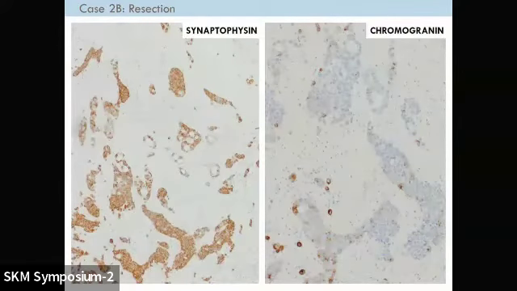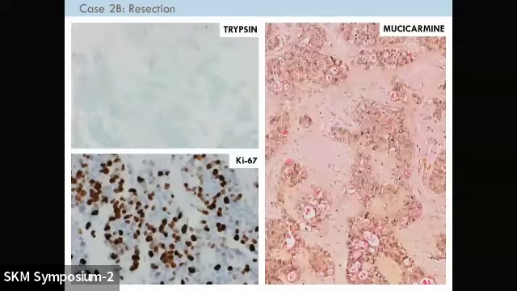So this tumor, as we already saw in the cytology specimens, most of the tumor showed positivity with synaptophysin, while chromogranin was positive in a small subset of cells. Due to the presence of some glandular elements, we did more immunohistochemical stains and also histochemical stains.